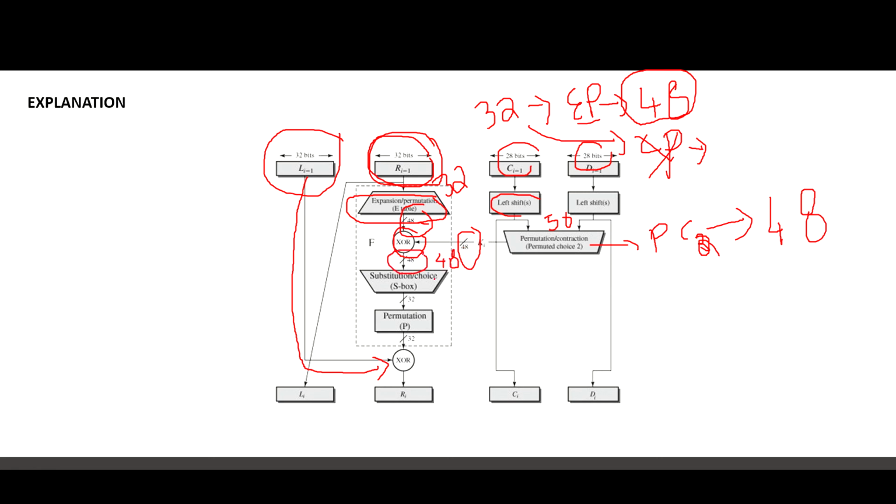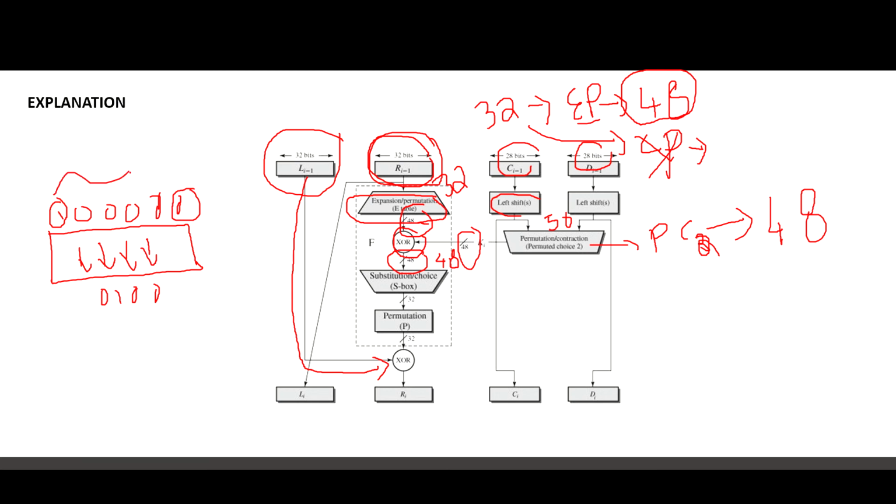Okay. So here we can see a thing called substitution choice, or S box, which is very important in the DES part. Let us understand that in detail. Let us assume that we get a result like this drawing. Let us take this 1 and 0. This is actually a 6 digit number, right?